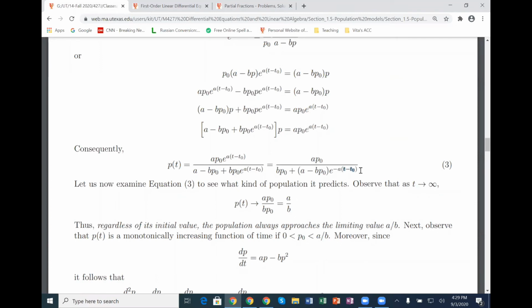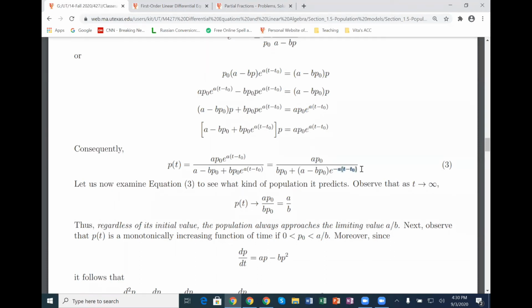Agree? Yes. Now, if we multiply a huge positive number by negative a, which is a negative number, a negative number times a huge positive number is a huge negative number, all right?